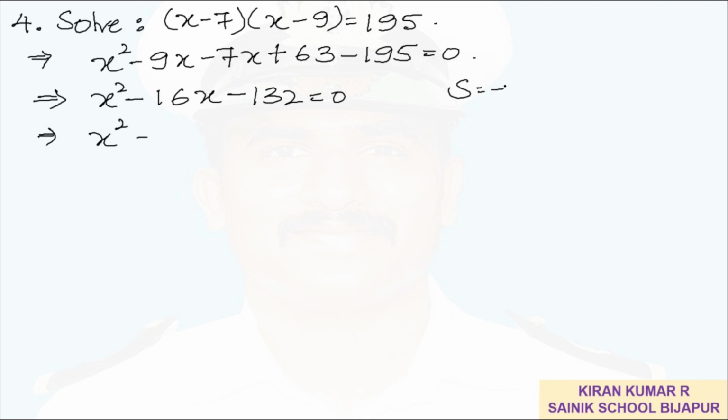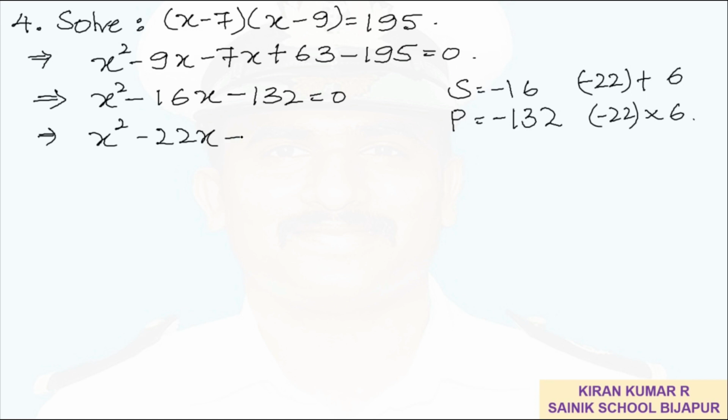Here the sum is negative 16 and the product is negative 132. Suppose if I consider minus 22 and positive 6 combination, I'll be getting the sum as minus 16 and the product as minus 132. So x square minus 22x plus 6x minus 132 equal to 0.